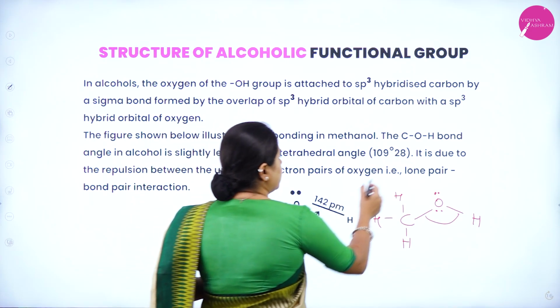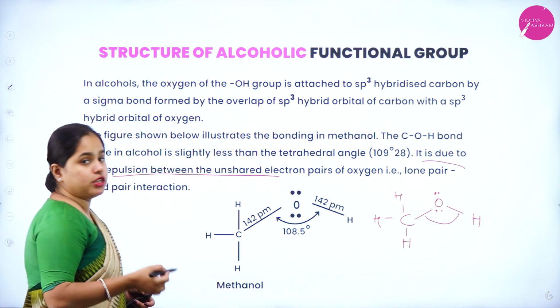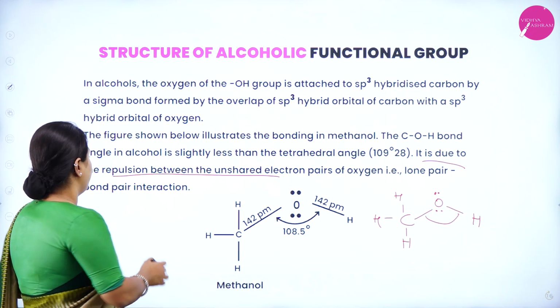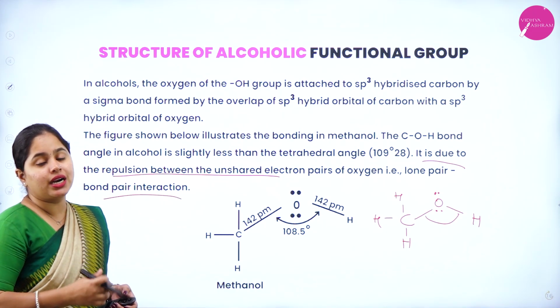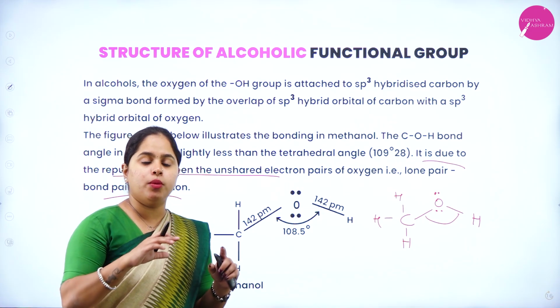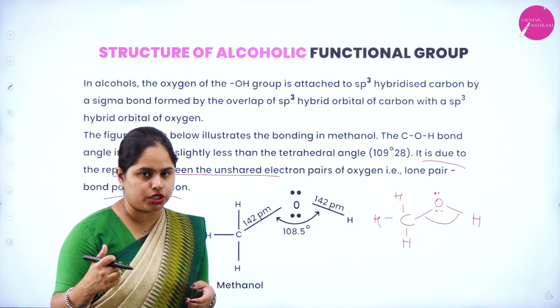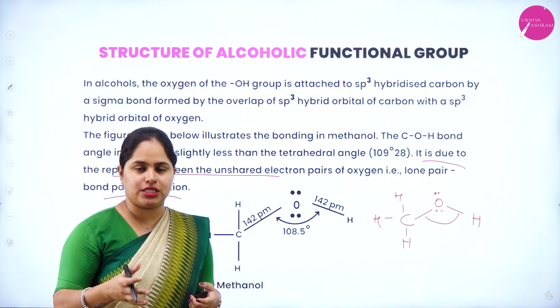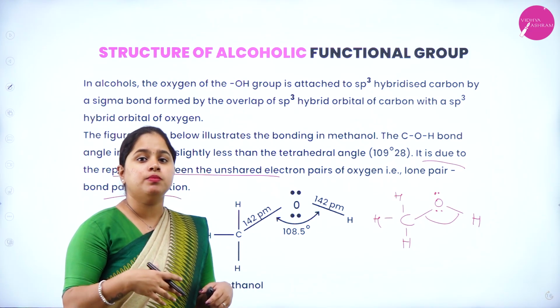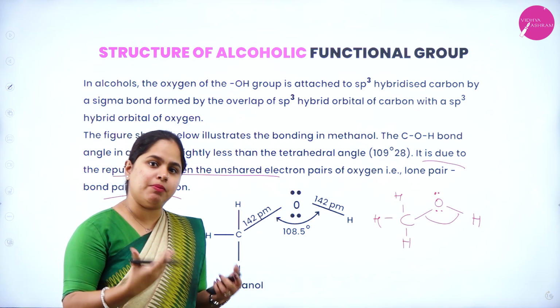Why? Because it is due to the repulsion between the unshared electron pairs of oxygen, that is lone pair bond pair interaction. So we have studied VSEPR theory in class 11, wherein we have studied the lone pair bond pair interactions, bond pair interactions, and lone pair interactions. Because of these repulsions which are taking place, the bond angle decreases and the geometry will change, that is the shape will change.